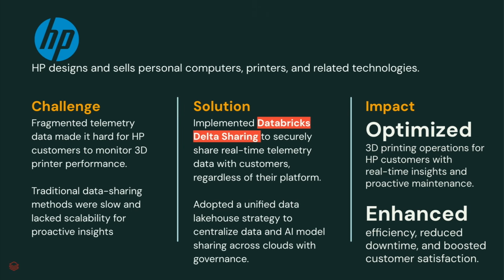They're able to share this 3D printer telemetry data seamlessly in near real time, and their customers are able to do predictive maintenance on top of this data. Overall, this has enhanced efficiency, reduced downtime, and truly boosted customer experience. HP actually did a deep dive session on this use case on delta sharing yesterday at Summit, so in case you missed that session, feel free to take a look at the recording, which will be available online soon.